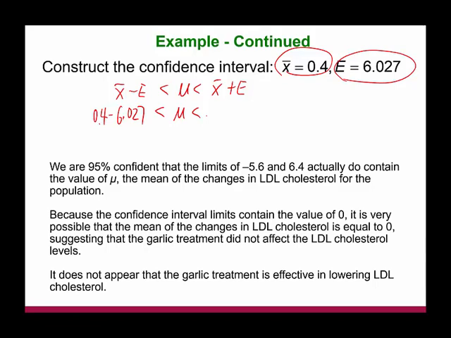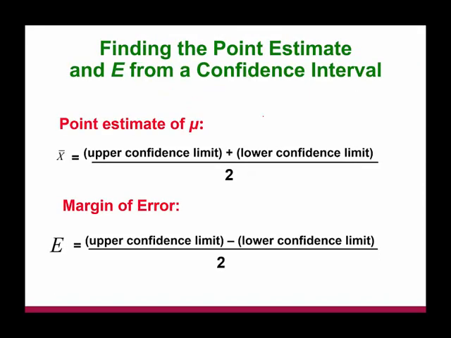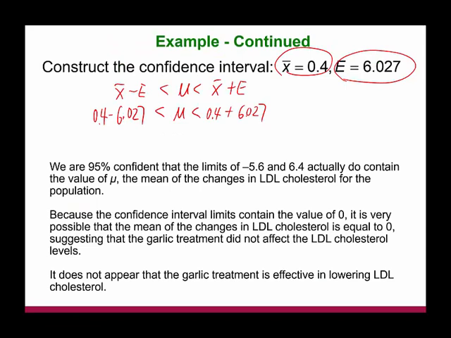The upper limit is 0.4 plus 6.027. So the lower limit, 0.4 minus 6.027, is negative 5.627. That's the lower limit. The upper limit is 6.427.